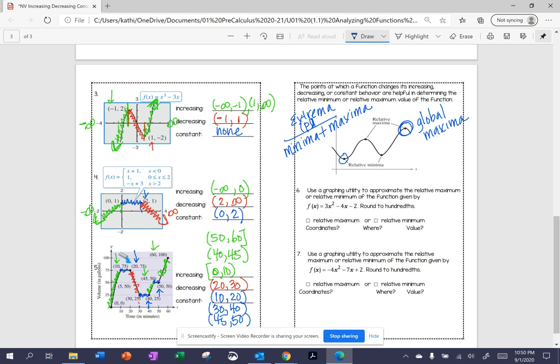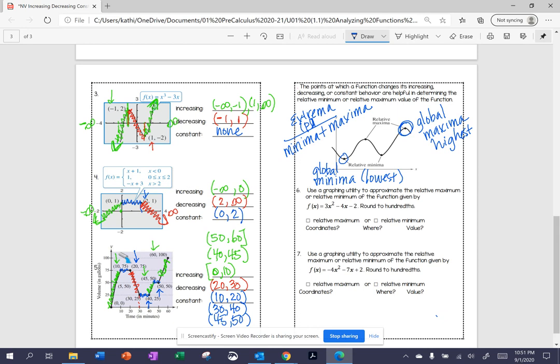So this would be the global. So it is the lowest of all the minima. So this is the lowest. This would be the highest. So global is the most extreme.